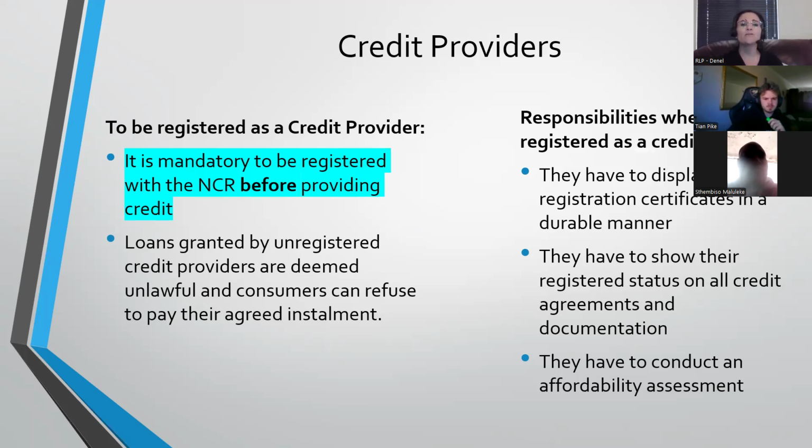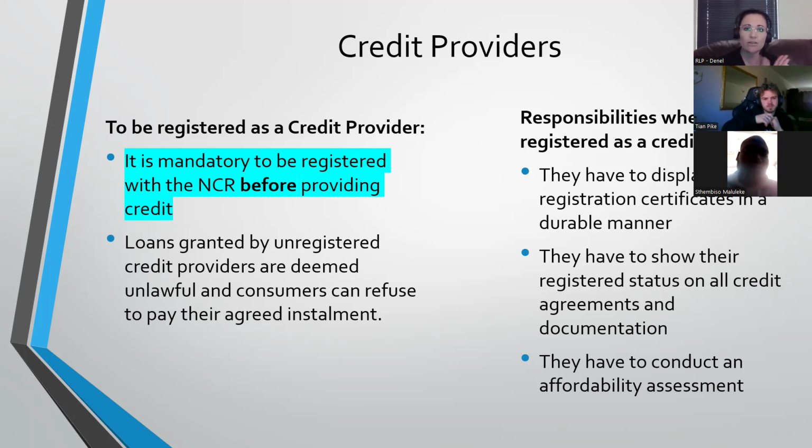But to get the business going, they started granting credit already. Will these agreements be binding? And you have to look for the answer that says no, because loans granted by an unregistered credit provider will be unlawful. And actually, the consumer has no obligation to pay back the money that they got from the credit provider, because the credit provider was never allowed to grant the credit in the first place.